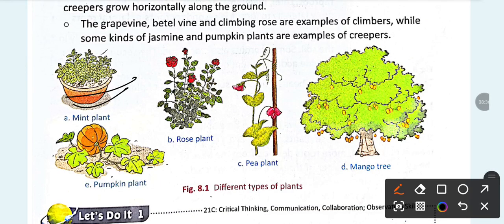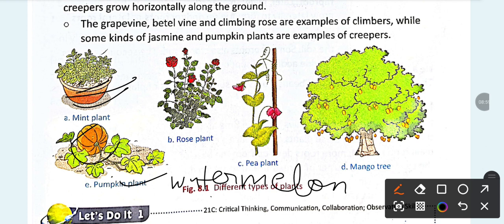Mint plant, it is very small with soft green stems and green leaves. Now here come creepers, which lie on the ground and have heavy fruits, like the pumpkin plant and watermelon plant, which would also come in this category. Now it comes to shrubs.